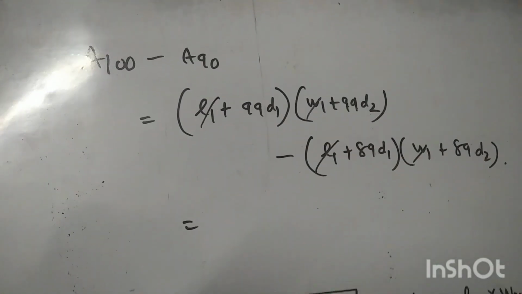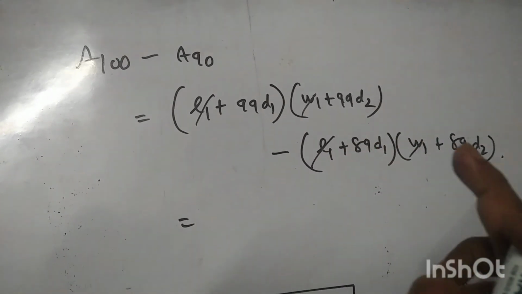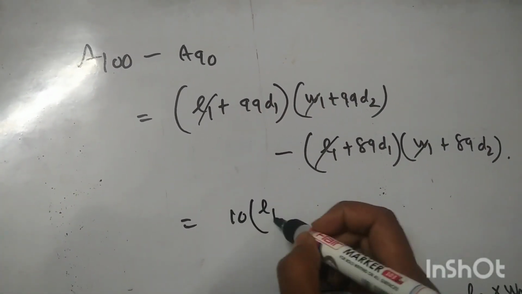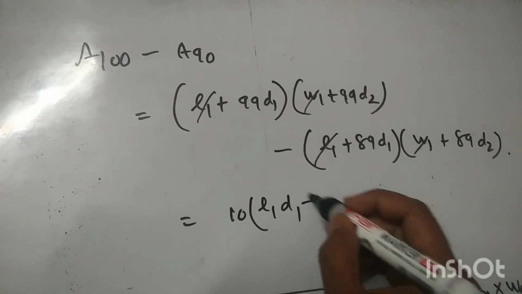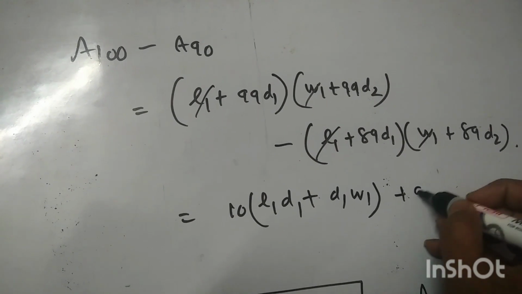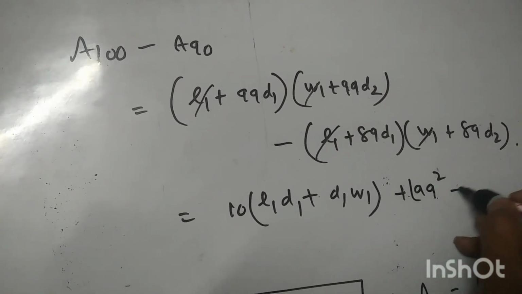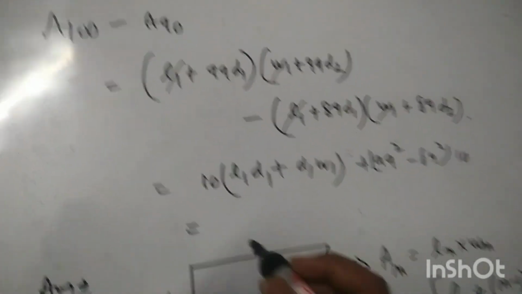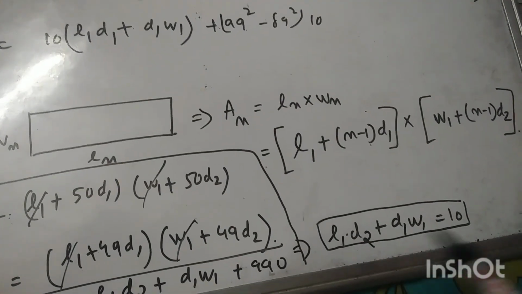Now this becomes L1 D2, L1 D2, 99 minus 89 is 10, right? L1 D1 plus D1 W1. Next 99 square minus 89 square into 10, right? So this value was 10, I think.